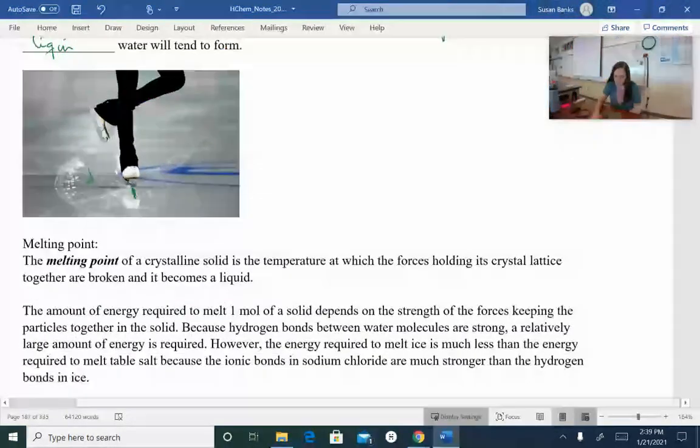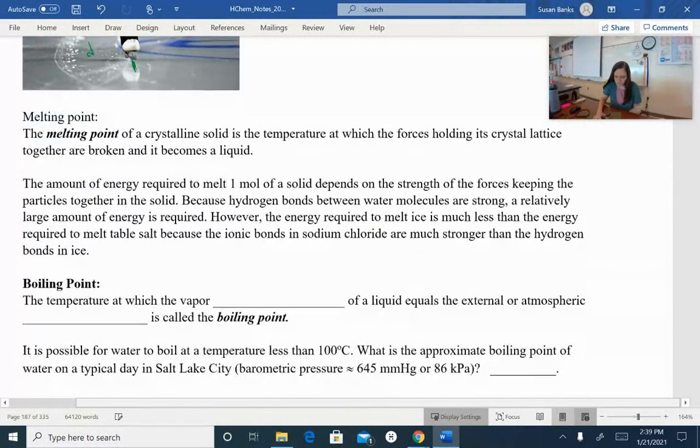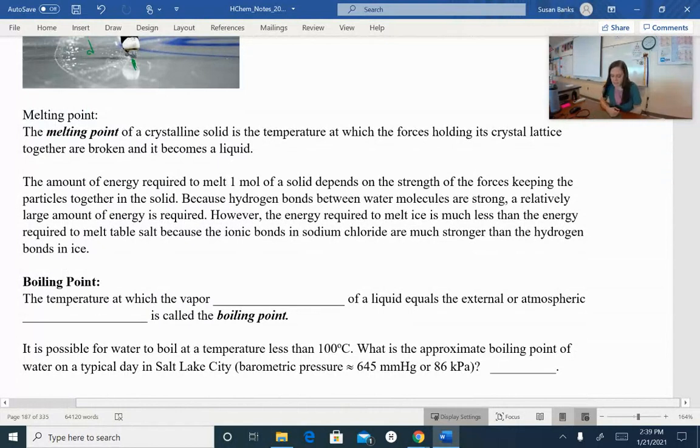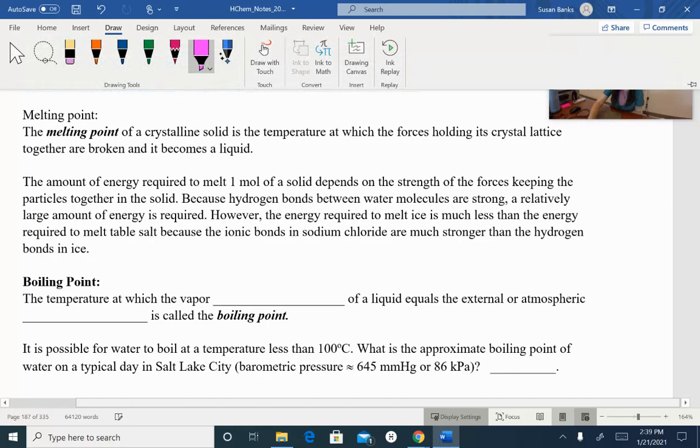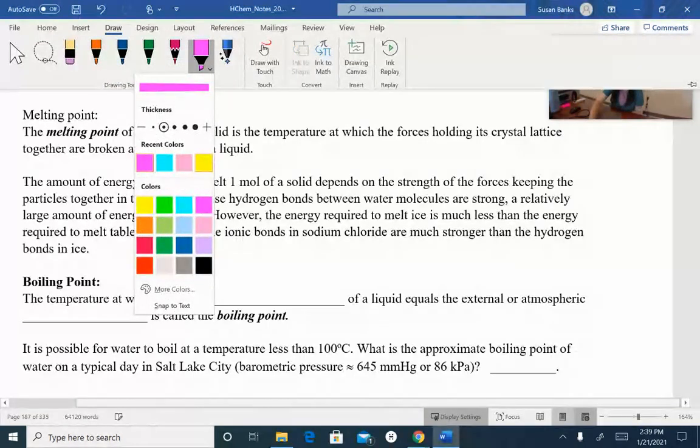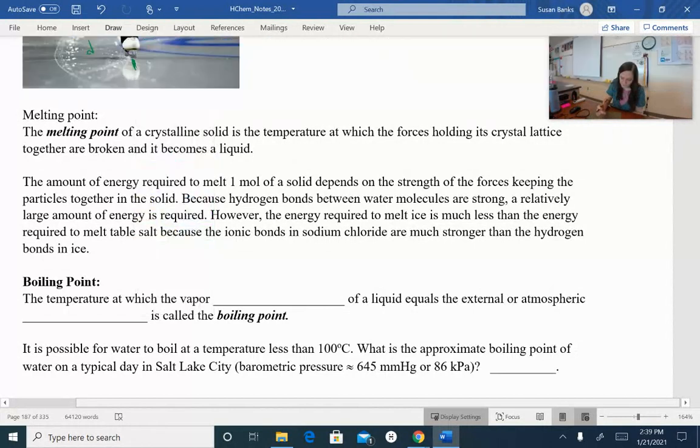Okay, melting point. The melting point of a crystalline solid, let's do this definition really quick, is the temperature at which the forces holding the crystal lattice together are broken and it becomes liquid.